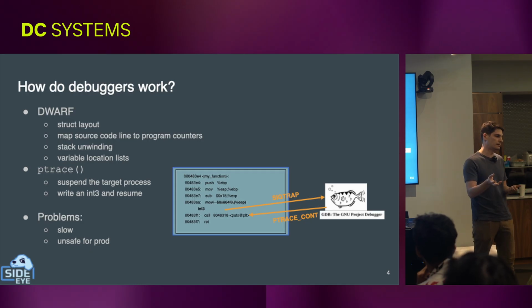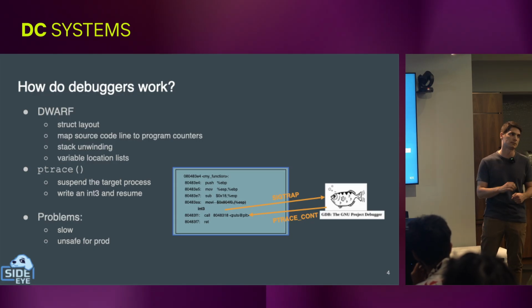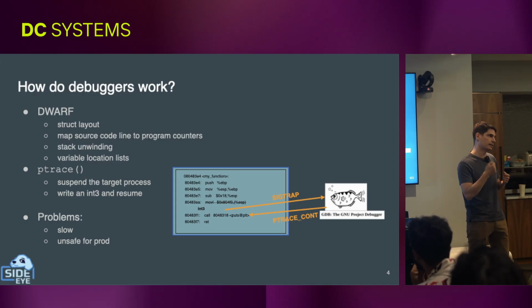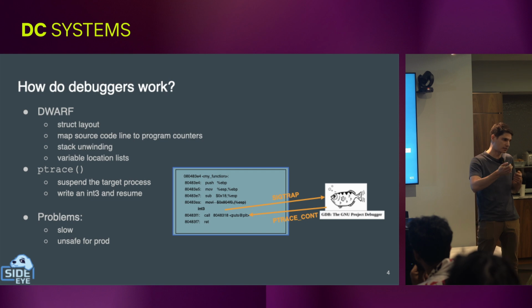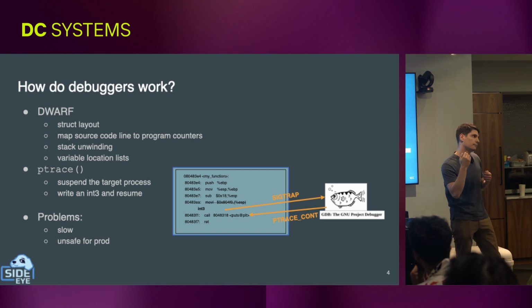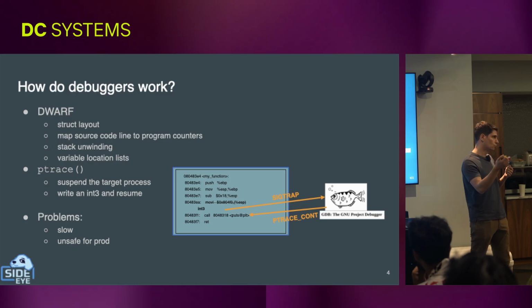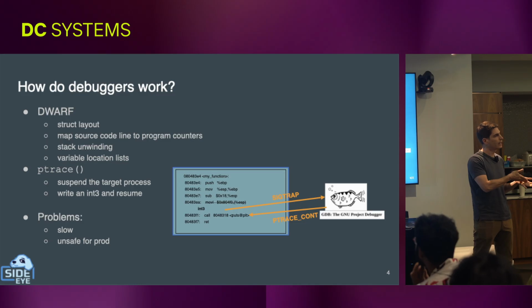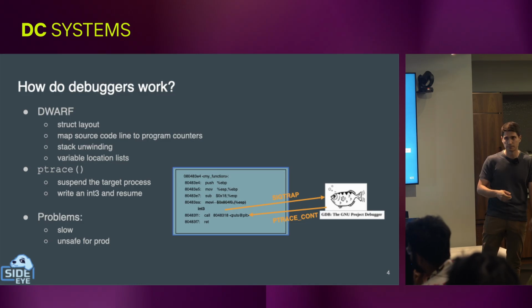Compilers emit this debug information in a standard format called DWARF for the particular use of debuggers. And DWARF has all sorts of good stuff if you're writing a debugger. For example, DWARF can describe the layout of structures, structure types from your programming language, the layout in memory. Or DWARF can help map source lines to code addresses.